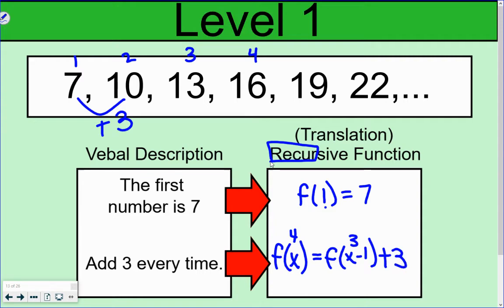So I'm going to take the one before it plus 3. It looks weird, but that's what the formula is going to be, and it will never, ever change. Even when we do multiplication, it's not going to change.